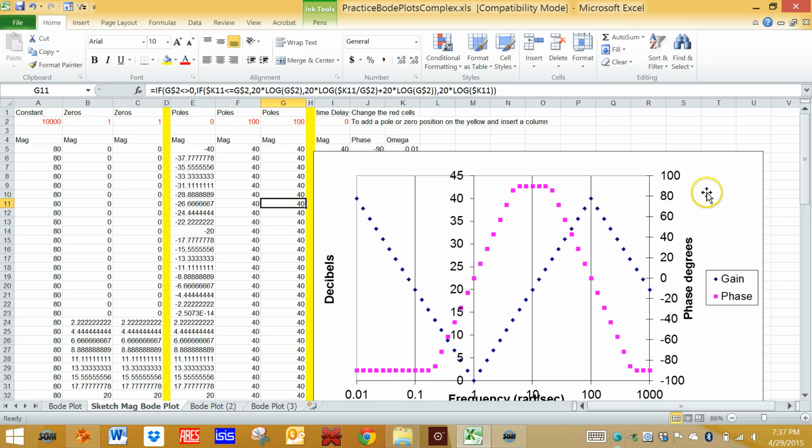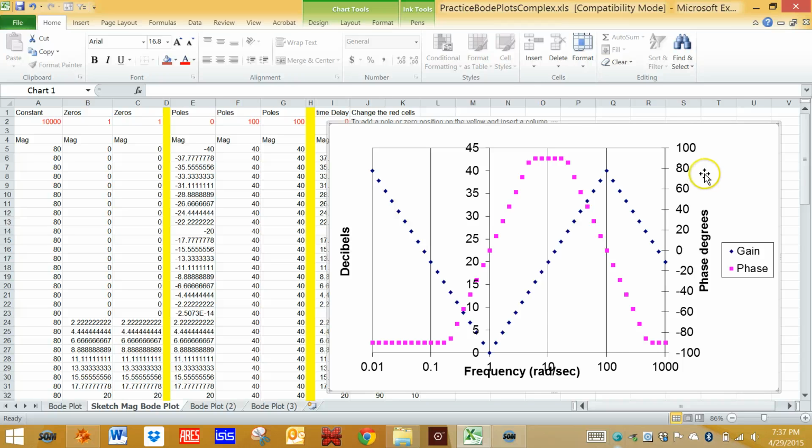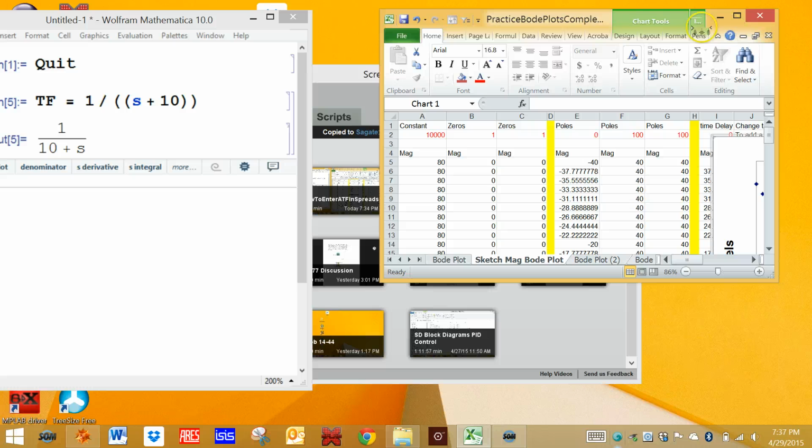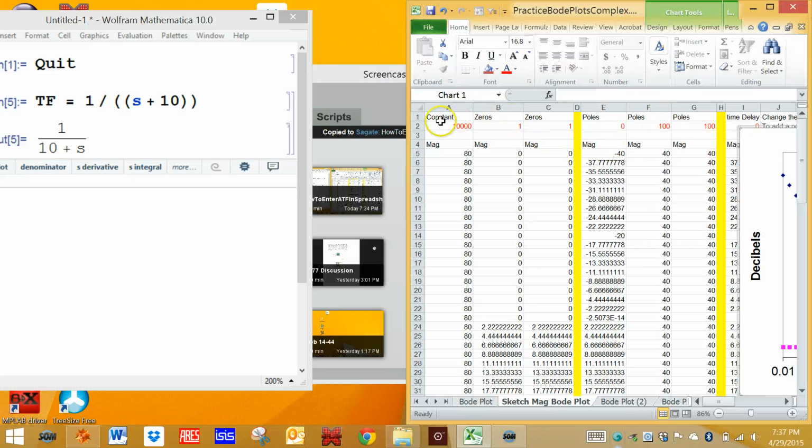So what you want to do is look at the sheet that's called the sketch of a magnitude Bode plot, which is shown here. So go to that one, and what I'm going to do is enter in this transfer function that you see over here. In this particular case, I have no zeros, so I'm going to delete the zero columns.